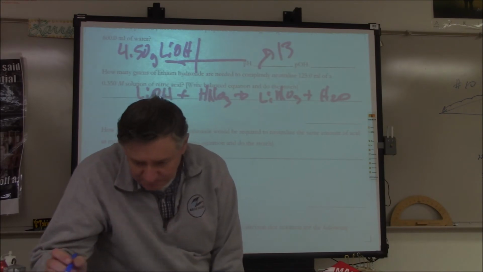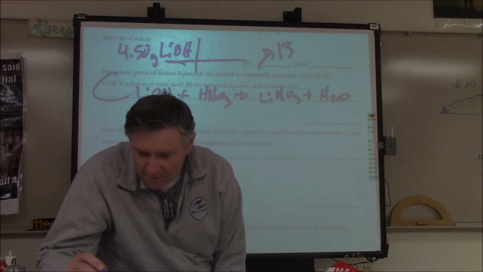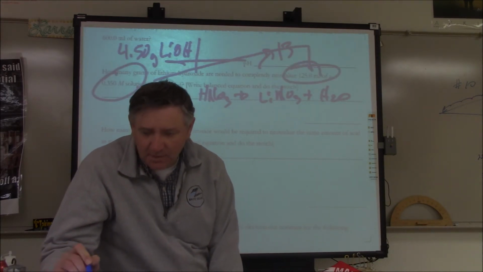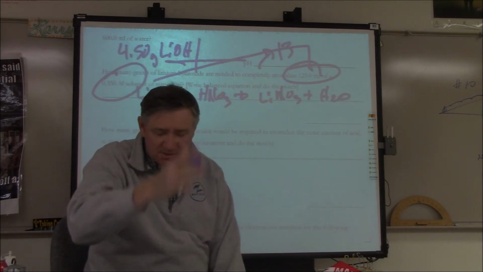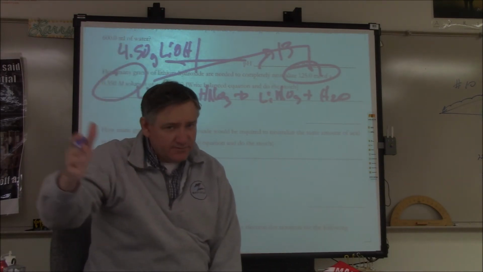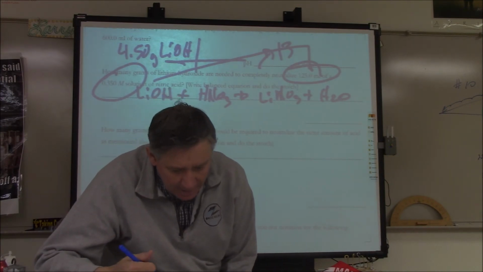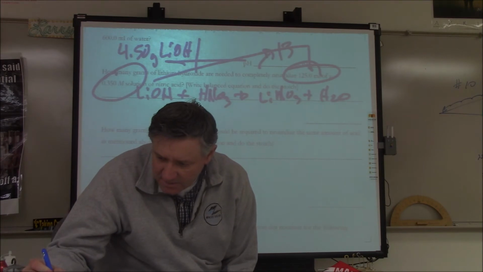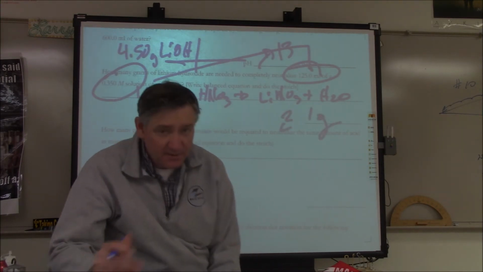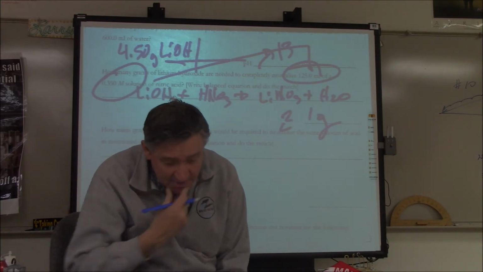You know the volume and the molarity of the base. Start with that. Do your stoich conversions. Roll that into moles. Roll moles into grams. So this answer should be around 1 gram of lithium hydroxide that you're going to need.